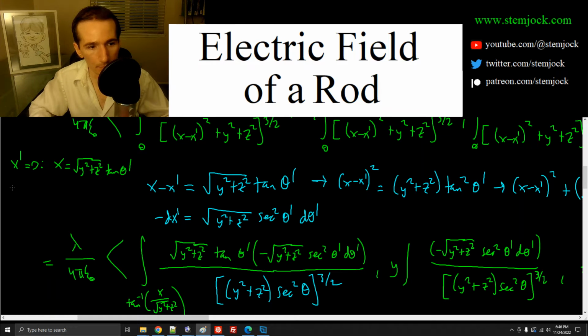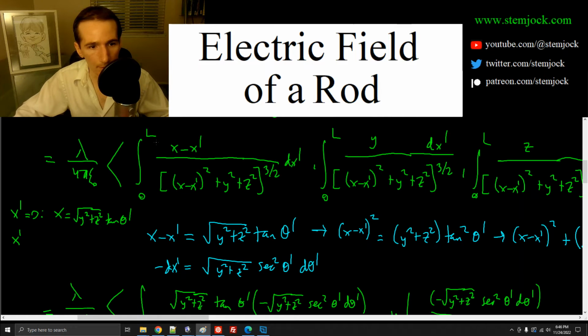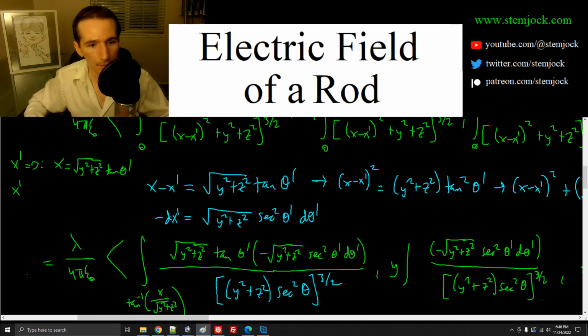And if I plug in L for x prime into this equation here, this is going to be x minus L equals square root y squared plus z squared tangent theta prime.